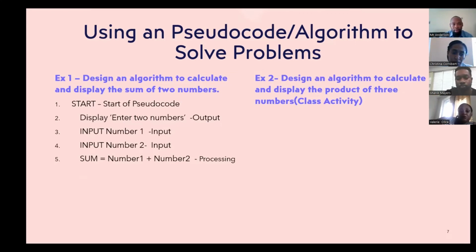It's not a keyword like input and display, it's a variable. So you create that variable. If I wanted, I could put answer, I could have put result. But it must be clear, so anybody reading your algorithm can understand what you have in your algorithm. So I have sum equals number one plus number two, and that's processing.